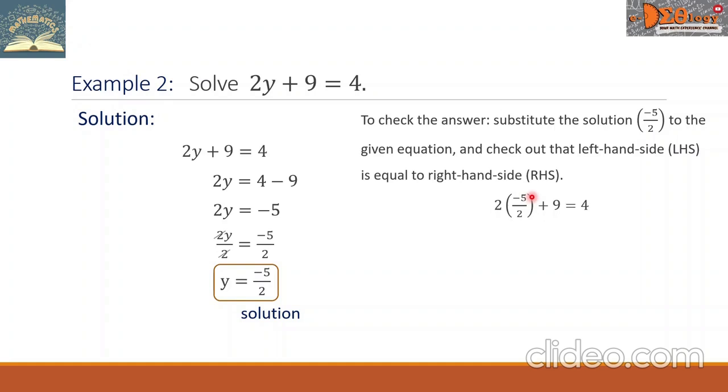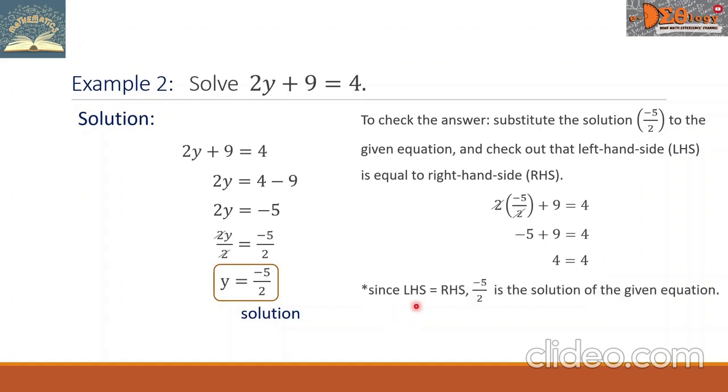In this fraction multiplied by 2, we can cancel this 2 and the denominator 2, and negative 5 comes out to be added to 9. So the answer of the left is 4, which is equal to the right side, which is also 4. Since the left-hand side equals the right-hand side, we now conclude negative 5 over 2 is the solution of the given equation.